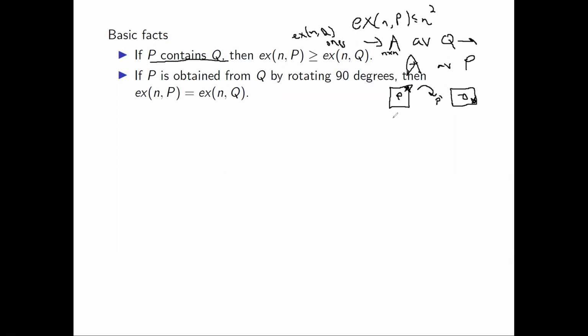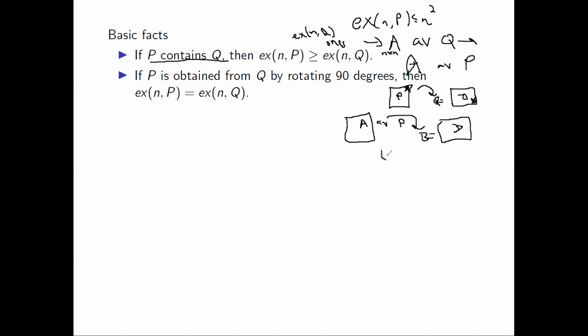Or actually, we'll call it Q. Then we can say that Ex of n comma P is equal to Ex of n comma Q. That's because if we have some A that avoids P, we can do the same rotation on it that we just did to P to get Q. So we just rotated A. We'll call that one B.